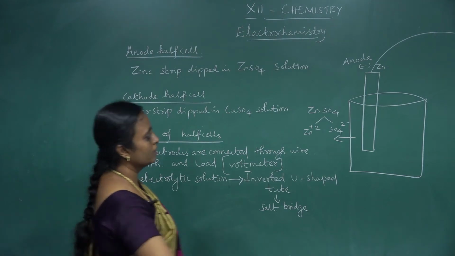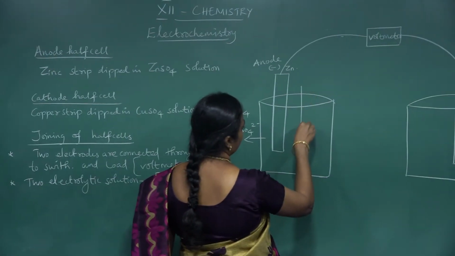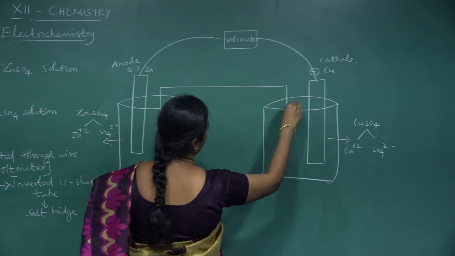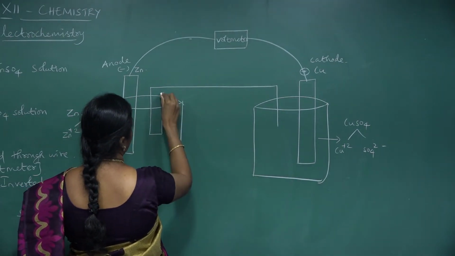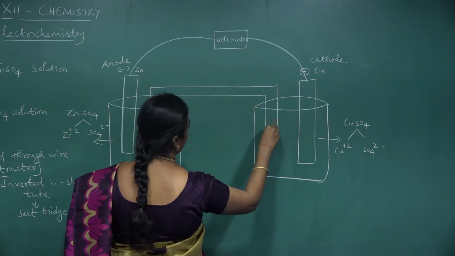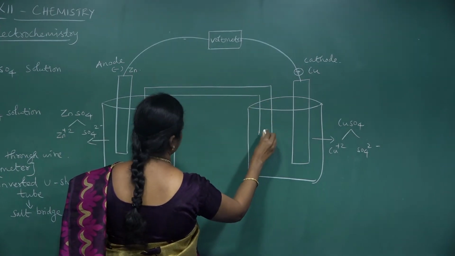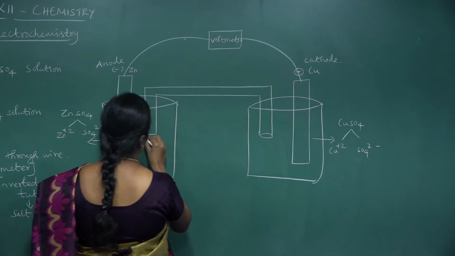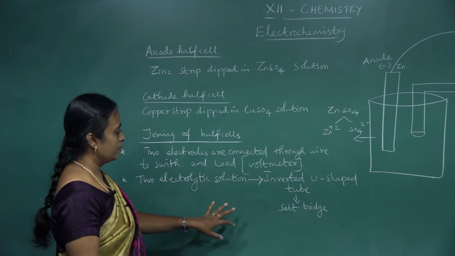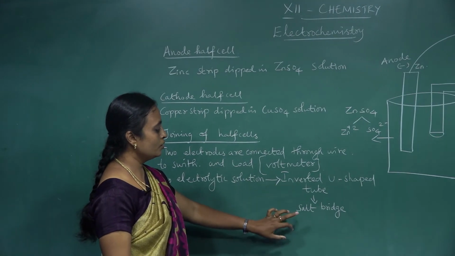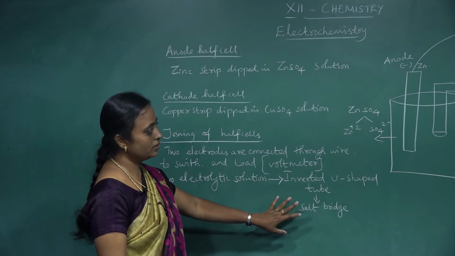I am going to take one inverted tube, that should be connected by using a U-tube, that is named as a salt bridge.